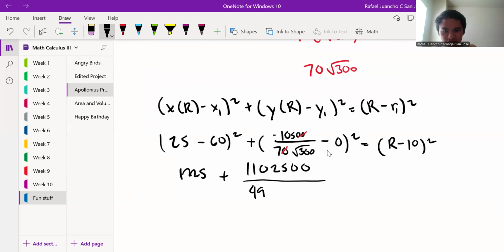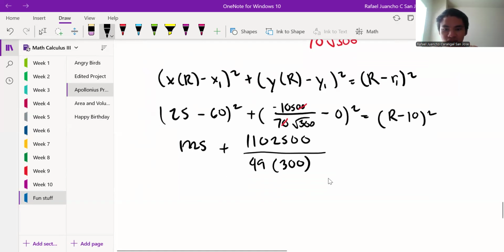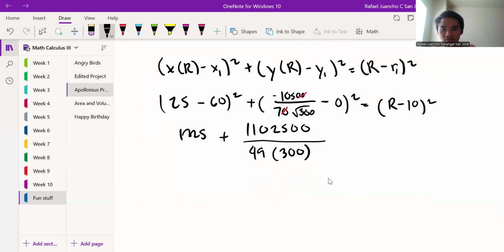And this is 49. Then this is 300, right? And then I get, crap, 49 times. Man, my arithmetic. So this one is 14700. I take out my two zeros, right? I just take this out. I get this number.